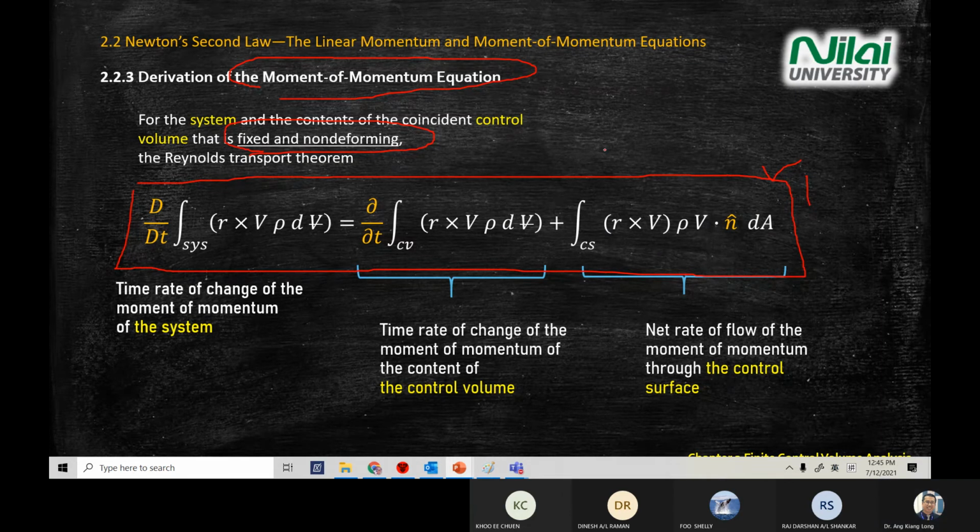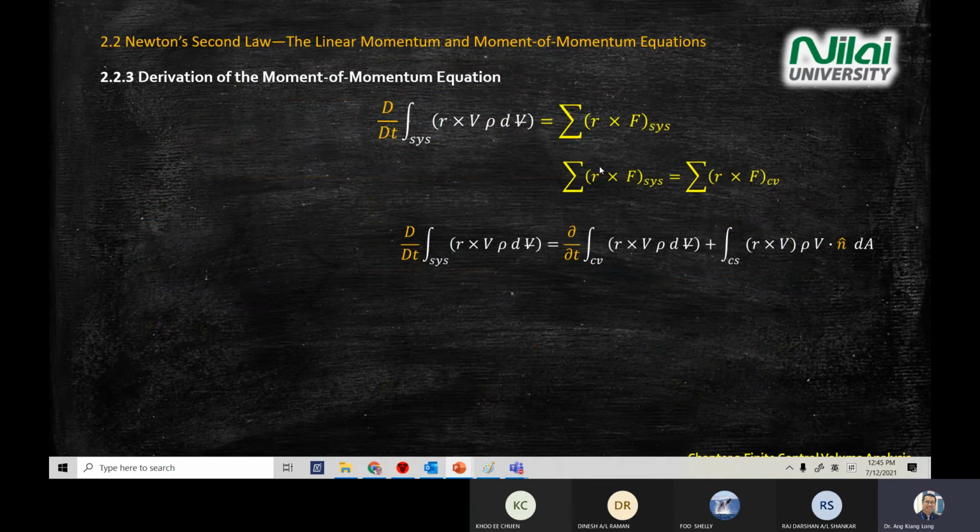Right, move on. All these I will recall from what we learned just now. This is the moment of momentum of the individual particles in the system.